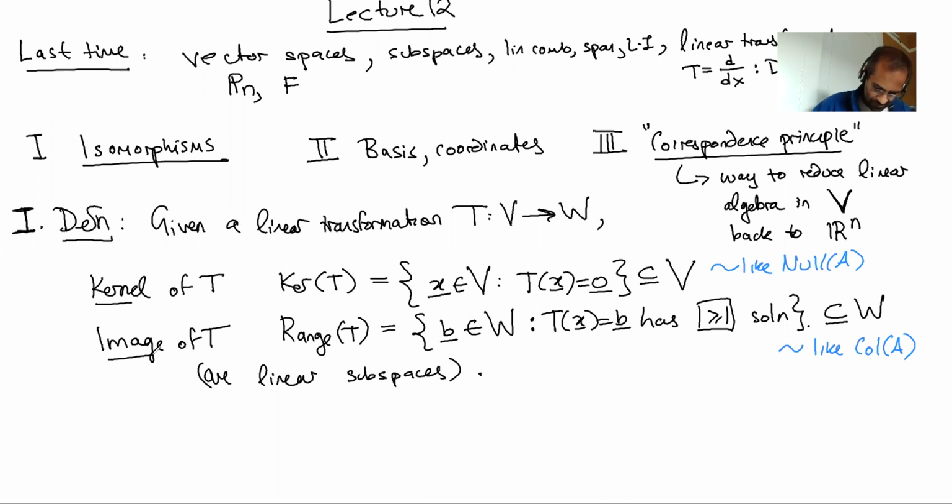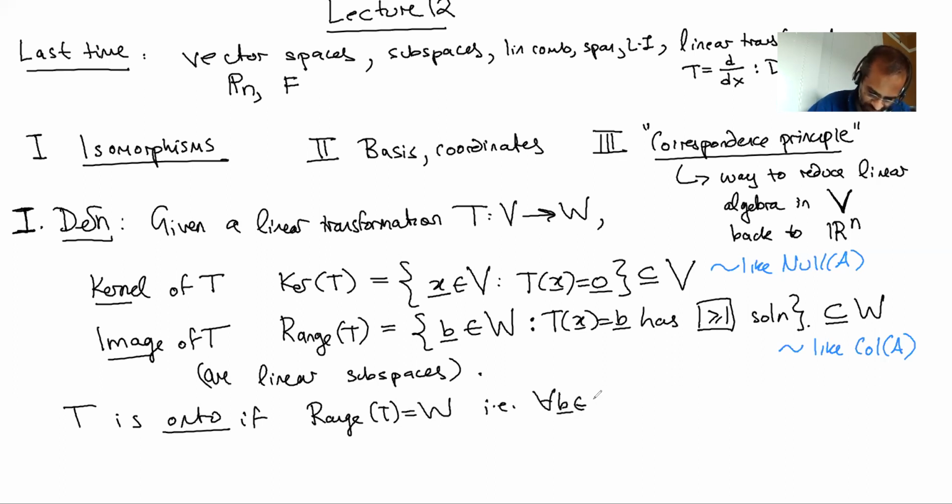And now, given these things, I can define one-to-one and onto in terms of these subspaces, just like I did before. T is onto if the range of T is equal to the codomain, which says that for every b in the codomain, Tx equals b has at least one solution.